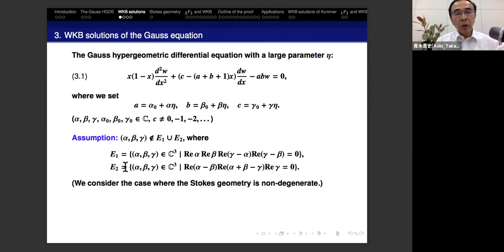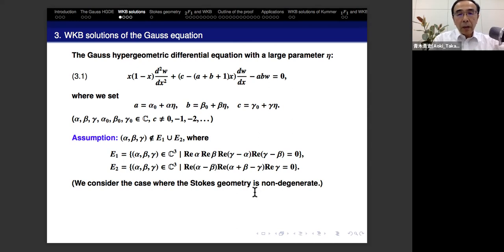Here, E1 is defined by this relation, and E2 by this one. And this means that we consider the case where the Stokes geometry is non-degenerate.